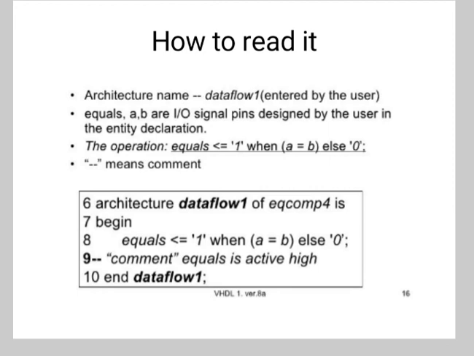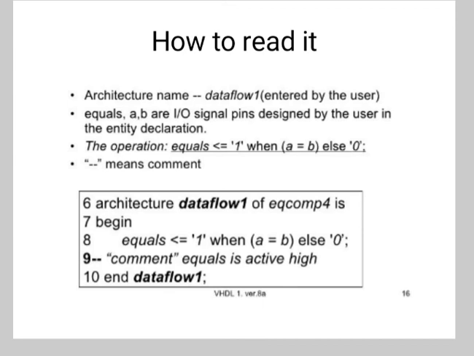So the words architecture, of, is, begin and end are keywords in VHDL. Architecture name: an architecture must be given a name consisting of a text string which should be assigned by the designer in a way meaningful to the design. Then entity name: it must be the name of the entity for which the architecture is to be written.